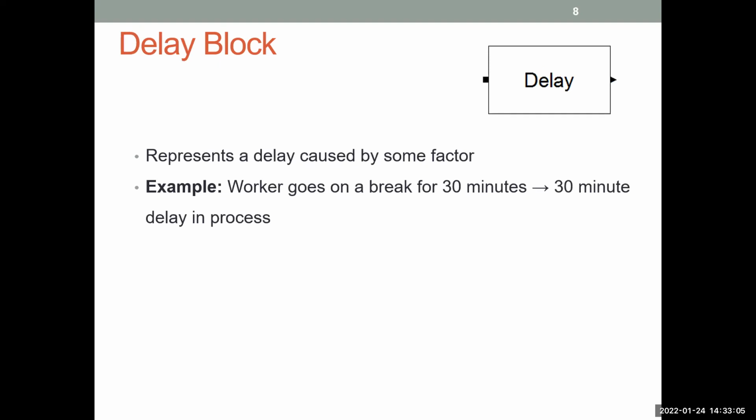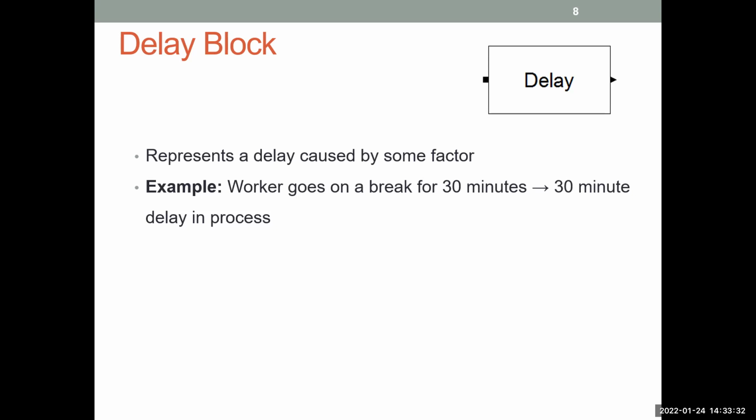The second block is the delay. This represents a delay caused by some factor. So for example, a worker goes on a break for 30 minutes, then that means you have a 30-minute delay in the process. These also represent, like, if you find a resource available and you know how long it takes for the part to be processed in that resource, then you can use a delay to model that time.